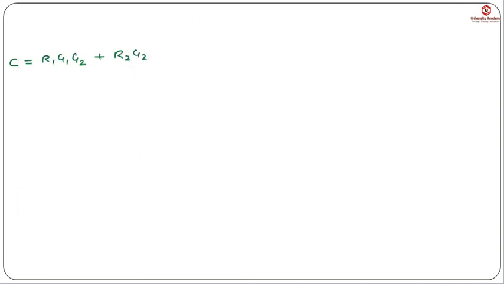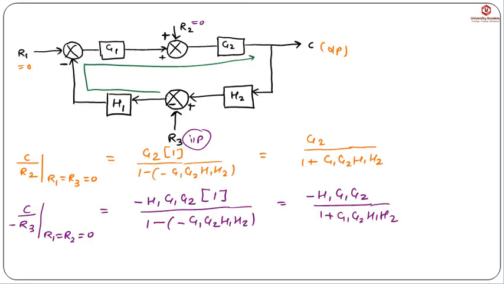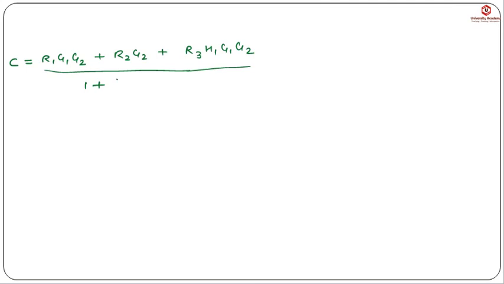So this will be equal to plus R3 into H1 G1 and G2, and in the denominator we have 1 plus G1 G2 H1 and H2. So this is the expression of the output when all the inputs are acting simultaneously. All three inputs are present, so this is the answer.